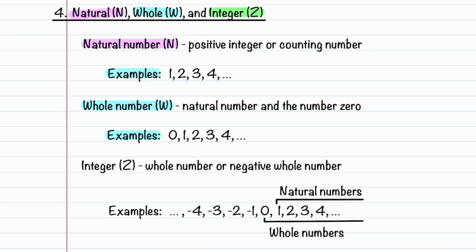These numbers are 0, 1, 2, 3, 4, etc. An integer is denoted as Z. This notation comes from the German word Zahlen for numbers. An integer is a whole number or a negative whole number. Notice that every natural number is a whole number, every whole number is an integer, and then every integer is a rational number.